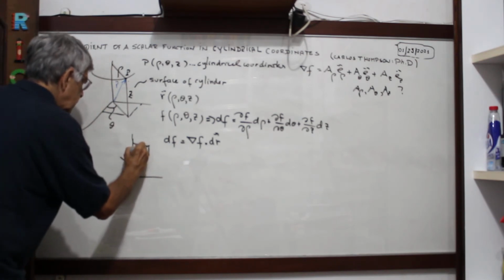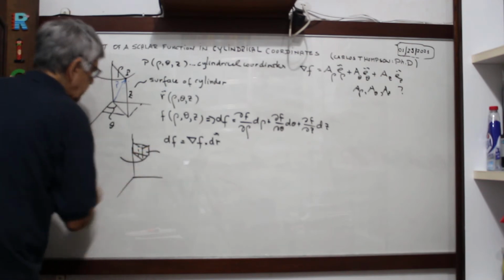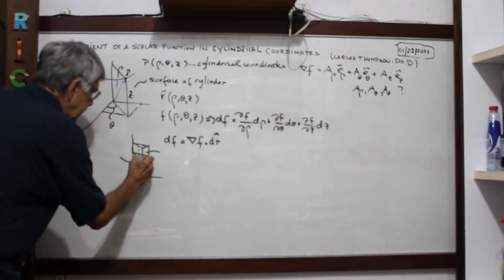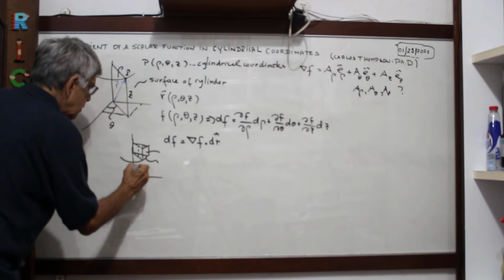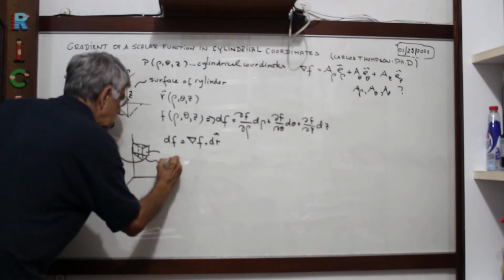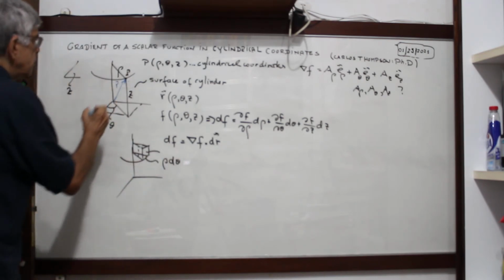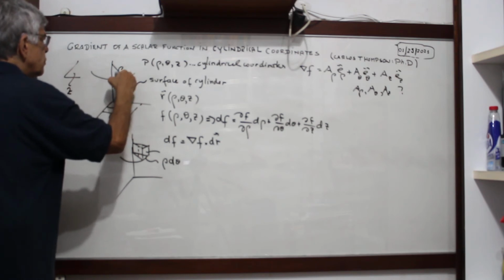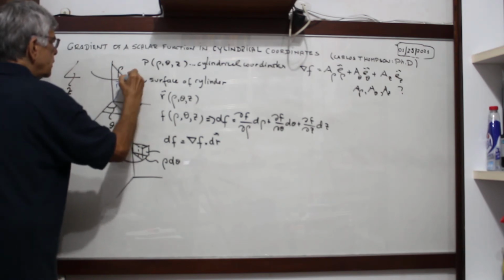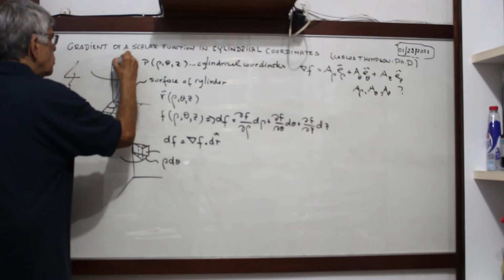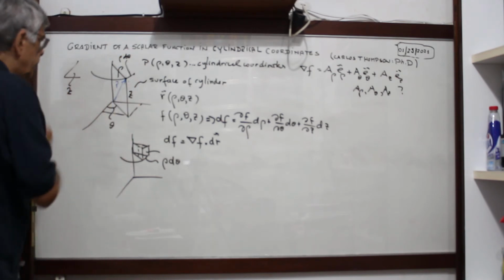Now this length over here is rho d theta. You can see here also that this length is rho d theta.